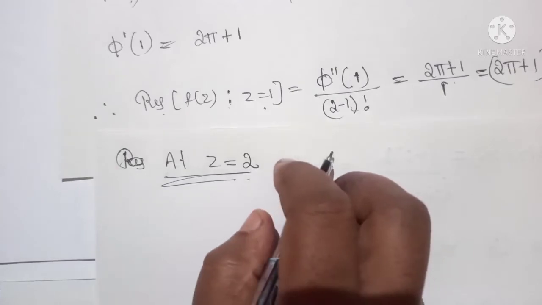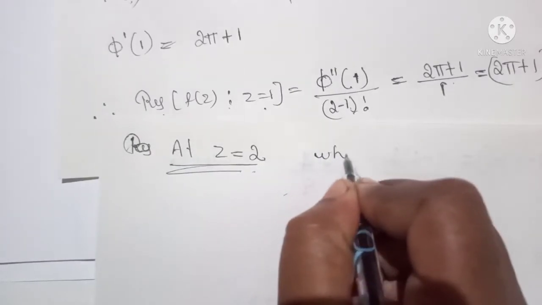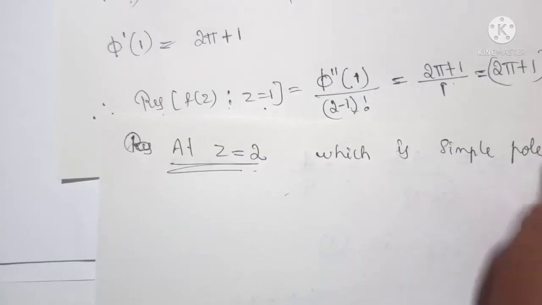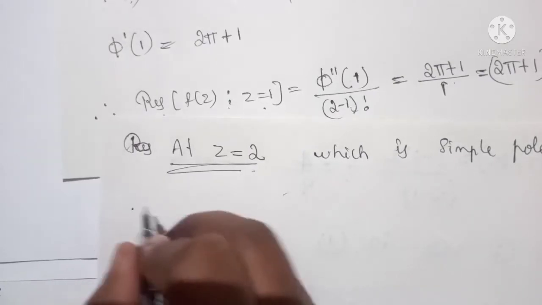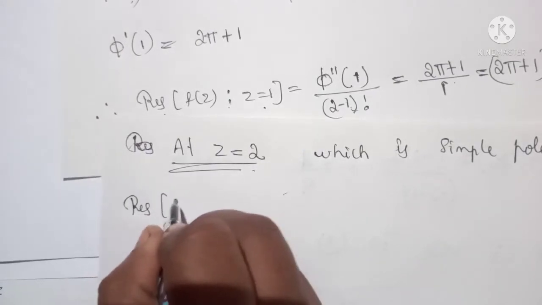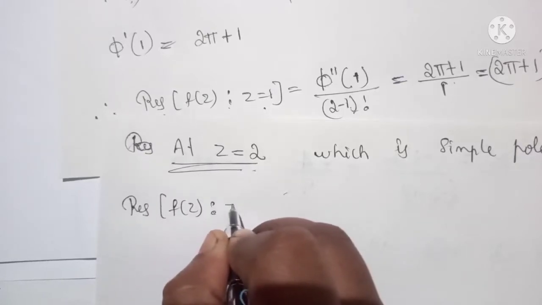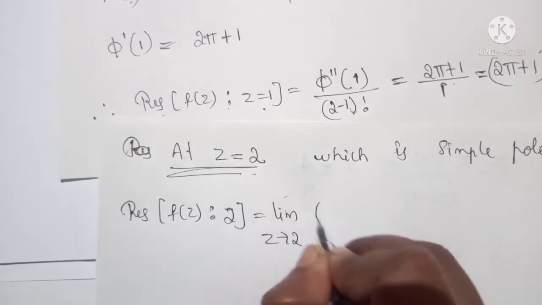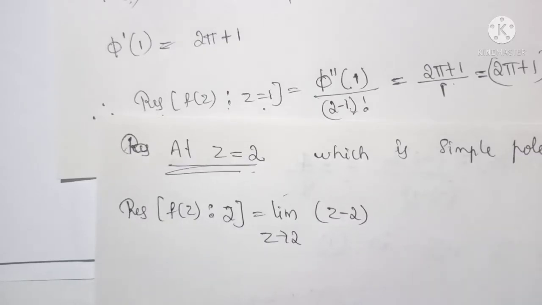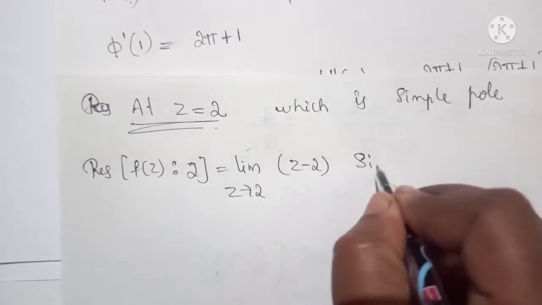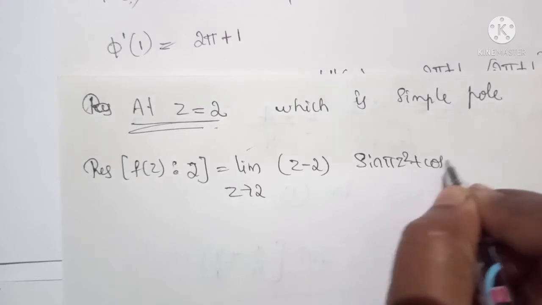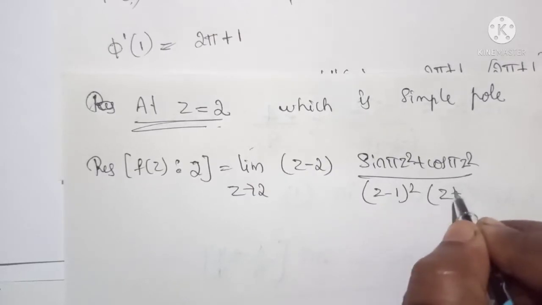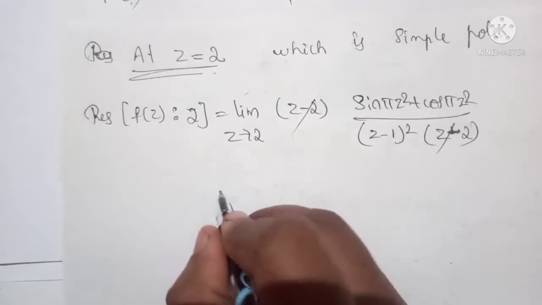Okay, because z equals 2 is a simple pole, therefore the residue of f of z at z equals 2 is the limit z tends to 2 of z minus 2 times f of z. The f of z value is sin pi z square plus cos pi z square divided by z minus 1 whole square, z minus 2. This z minus 2 gets cancelled.